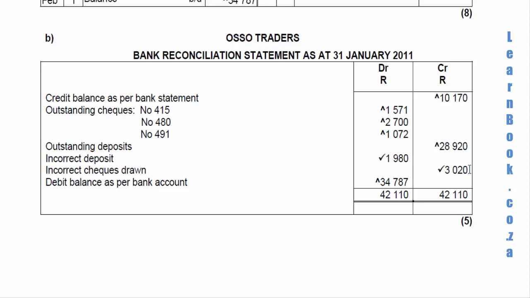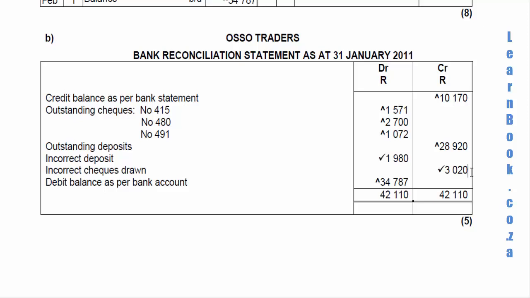So we are reversing it. Instead of decreasing the bank statement on the debit side, we put it on the credit side and wait for this 3,020 Rand to be deposited back into the account.